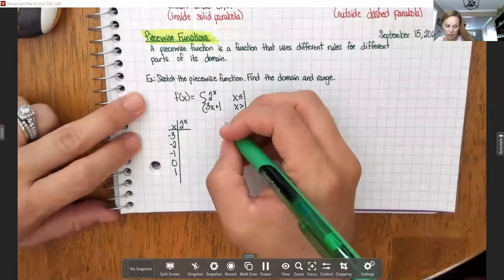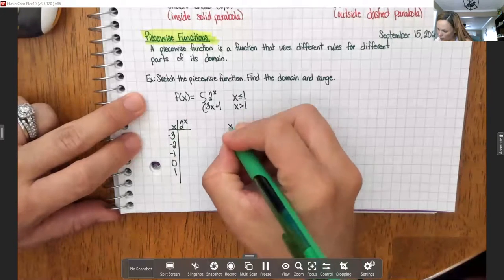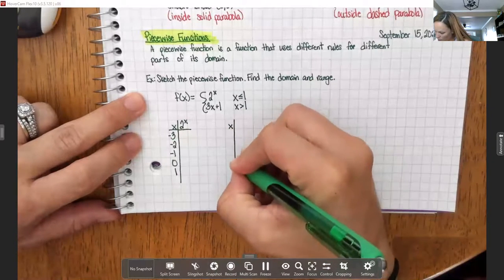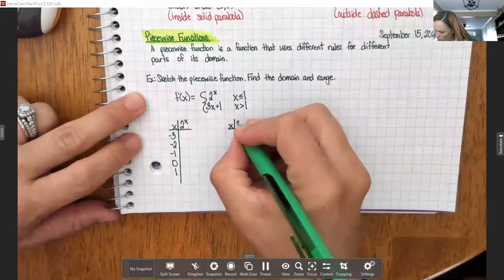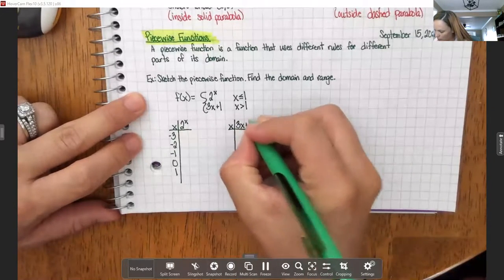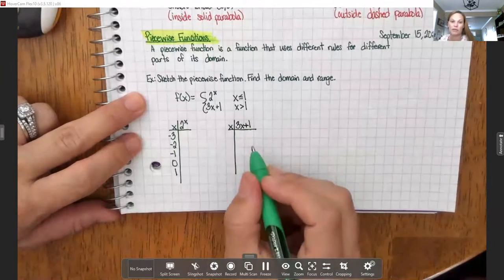And then our other table is x, and then we're evaluating 3x plus 1.